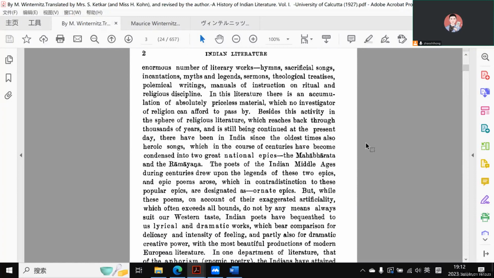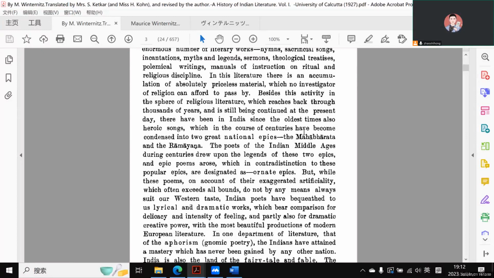And next, we will see many well-known terms or names that I may have introduced in our elementary and intermediate Sanskrit courses, such as the very famous national epics, Mahabharata and Ramayana. Actually, I want to say something about these two.